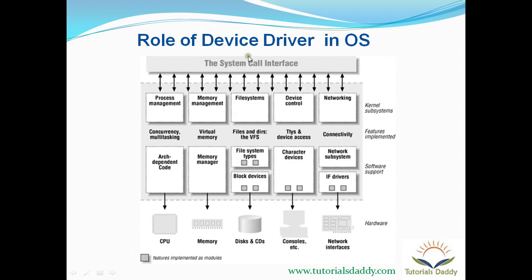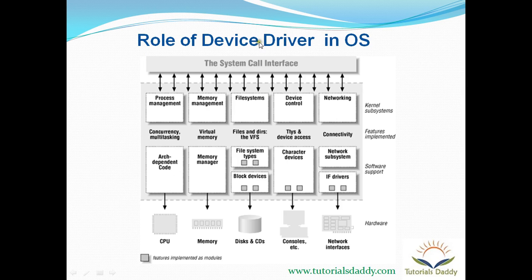In this diagram we will discuss the role of the device driver in the operating system. This whole diagram is part of our kernel space, and on the bottom layer you can see we have multiple hardware devices connected to our system. All applications run above this interface.